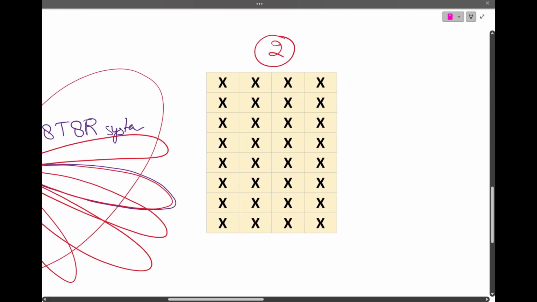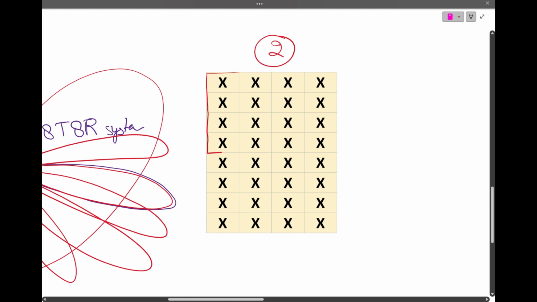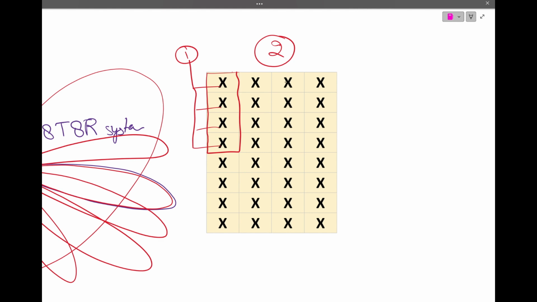Let's take another case, case 2. In this case, let's say we group the antennas in 4. This is one group, in the sense these 4 antennas are connected with one input. These 4 antennas are connected with a second input, these 4 with a third, and these 4 with a fourth.